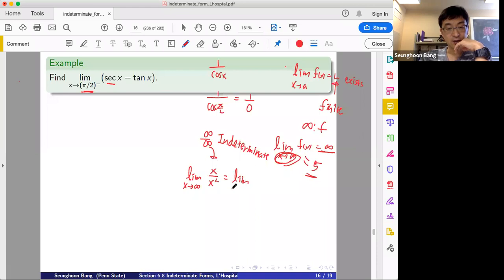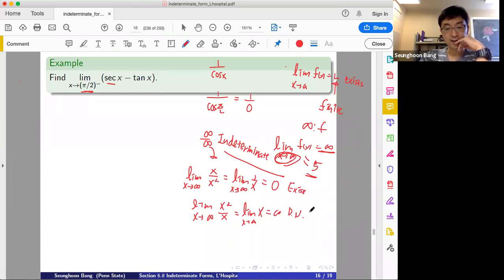The limit as x approaches infinity of 1 over x. The answer is 0. The limit exists. Right? Only the indeterminate form. The limit as x approaches infinity of x squared over x is a similar idea. As x approaches infinity, x is infinity, and the limit does not exist.